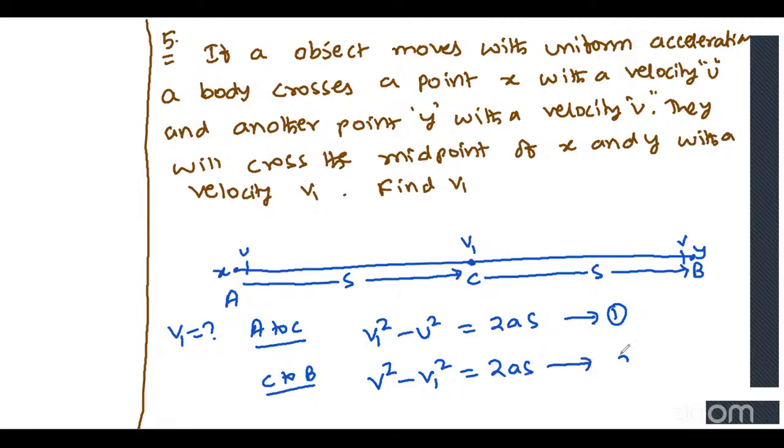From these two equations, the right-hand side is the same, so I can equate. That means V1 square minus U square equal to V square minus V1 square.